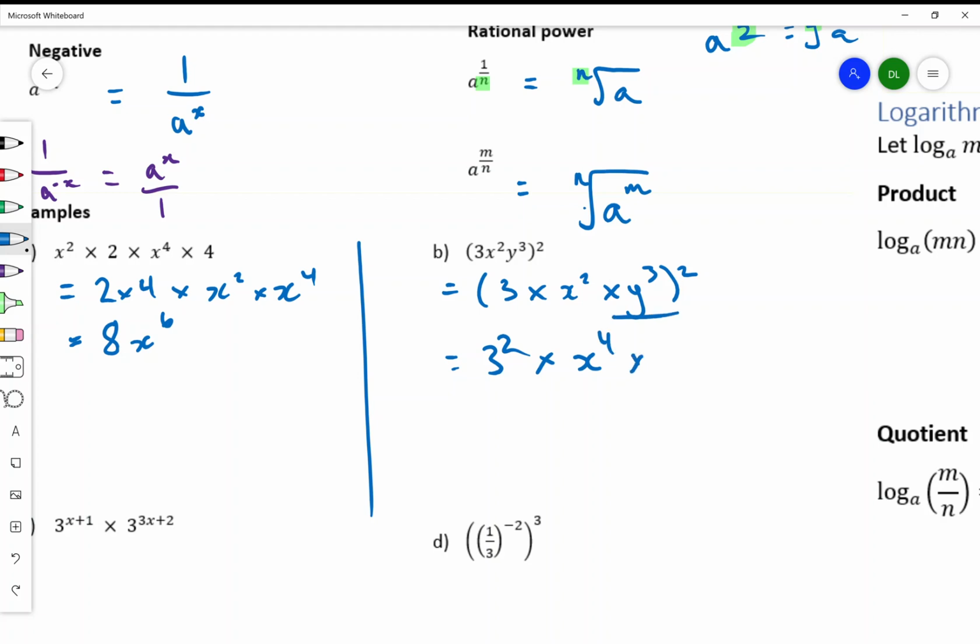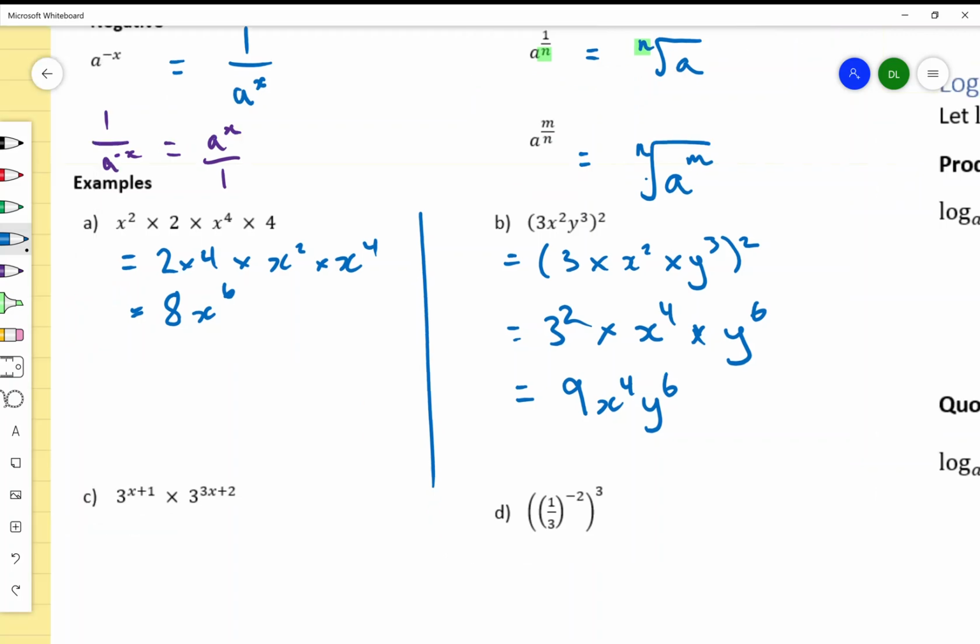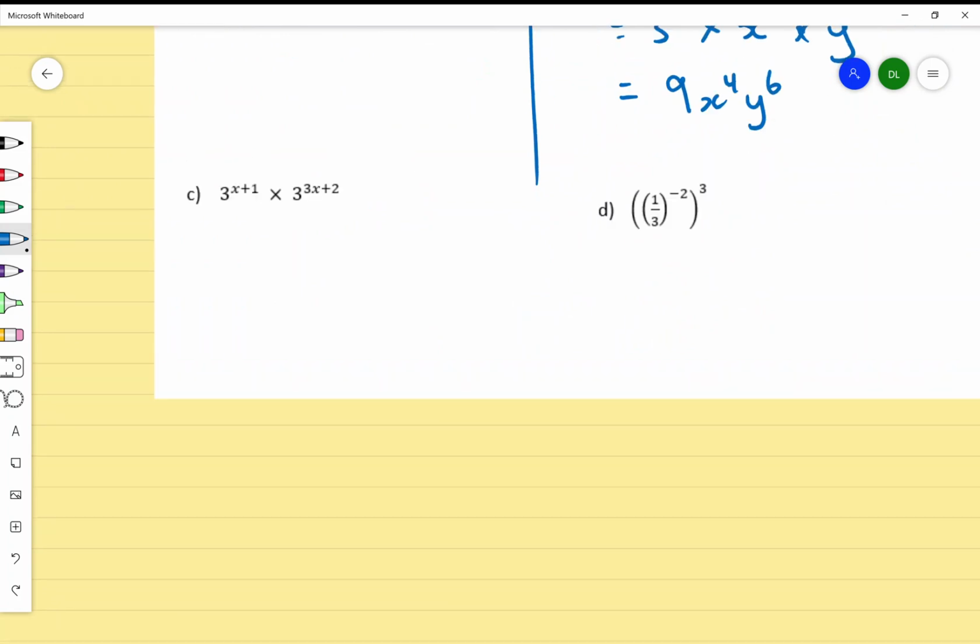Times y cubed squared is? Thank you. Y to the power of 6. Why is it not y to the power of 5? Good. Because it's y cubed to the power of 2, or y cubed squared, not y cubed times y squared. Okay? So we end up with 9x to the power of 4, y to the power of 6. Any confusions about that? Riley, any questions? Okay. 2 more, and then let you guys get started with some practice.